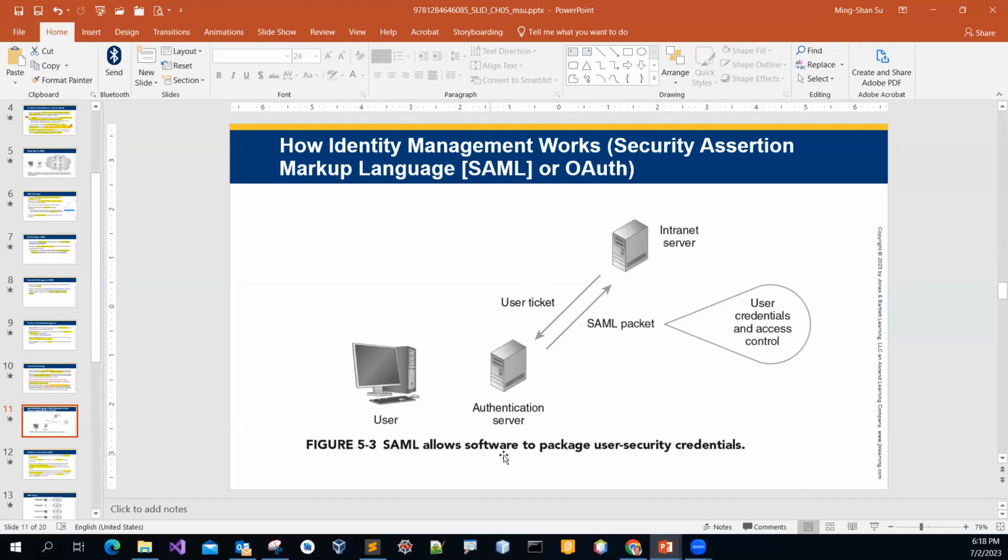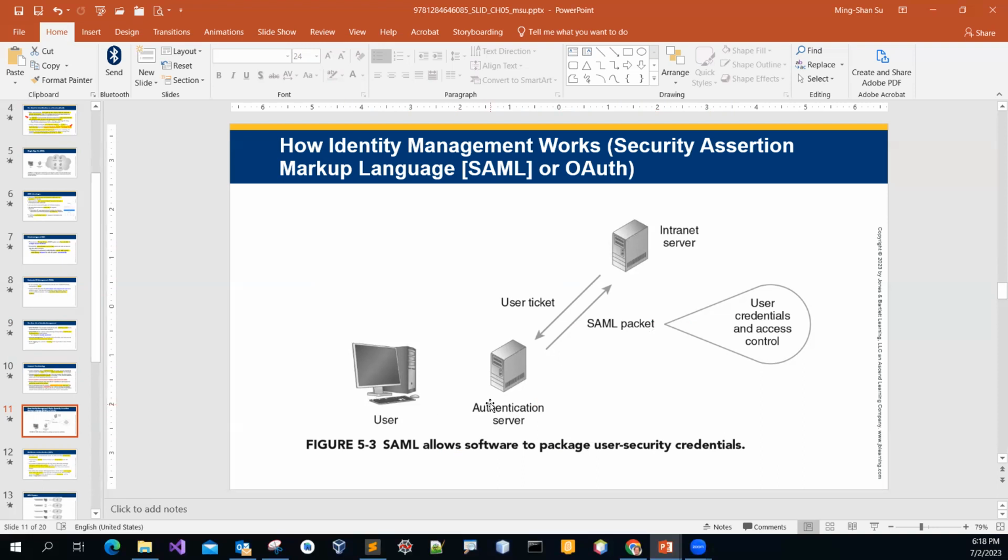So this figure shows that SAML allows software to package user security credentials. So the user is here, and he will go to the authentication server. And then once the user logs in, the SAML package will be sent to the intranet server, and then that server will send a ticket back.